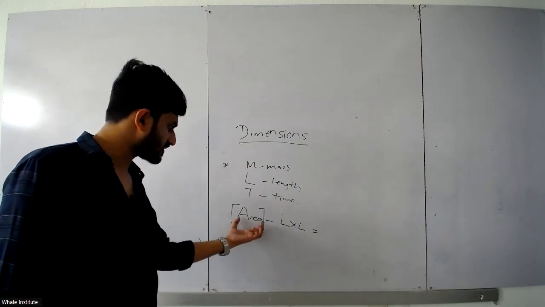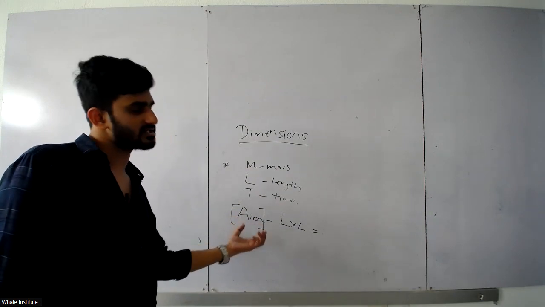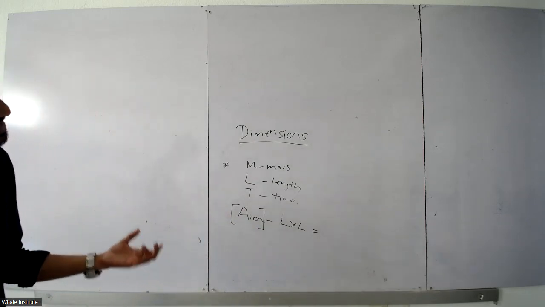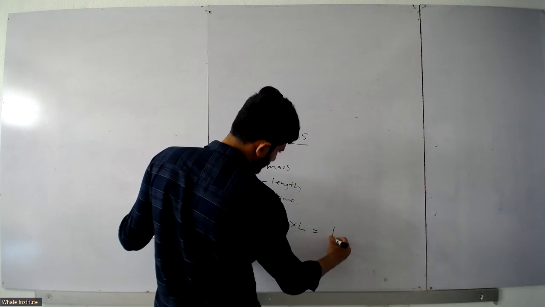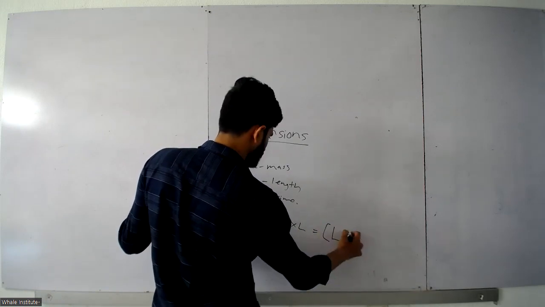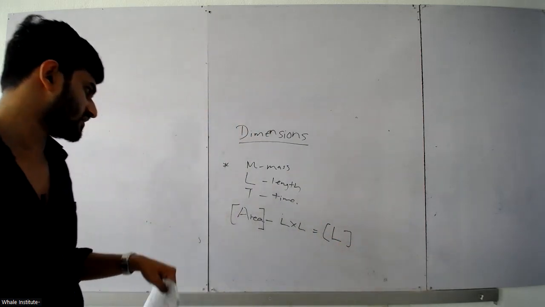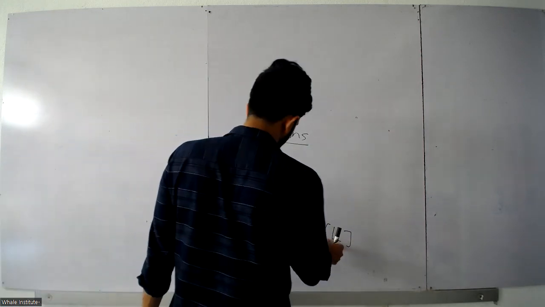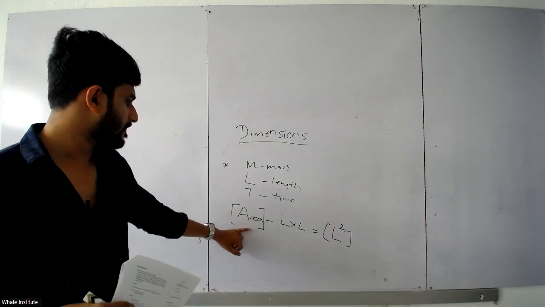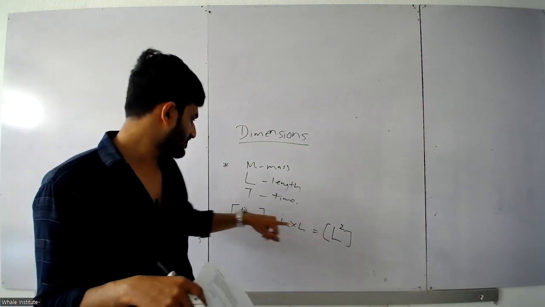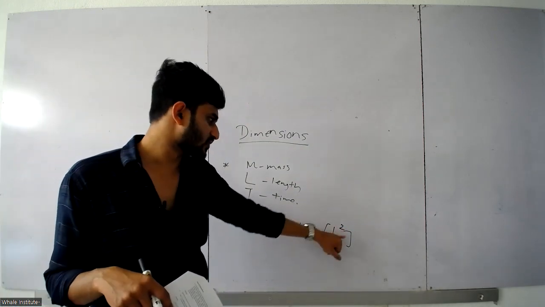Square bracket දාපු ගමන් කියන්නේ area කියන quantity එකේ dimensions. Then we know area is length into length. So L square. So the dimensional formula of the area is this L square.